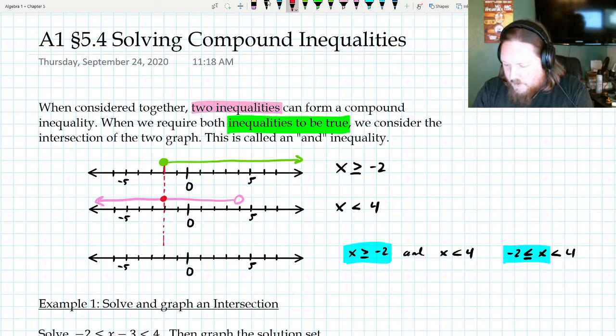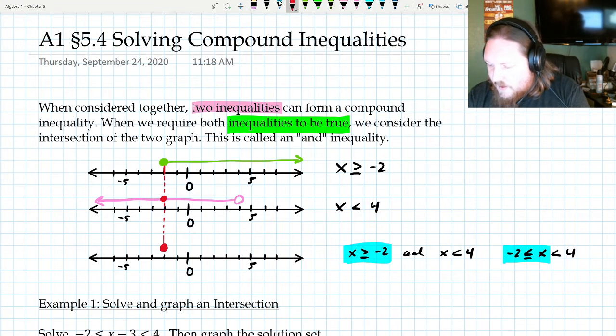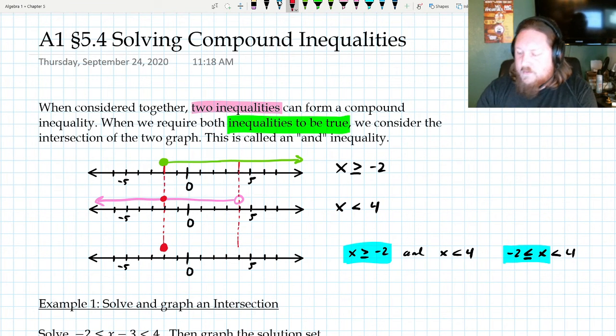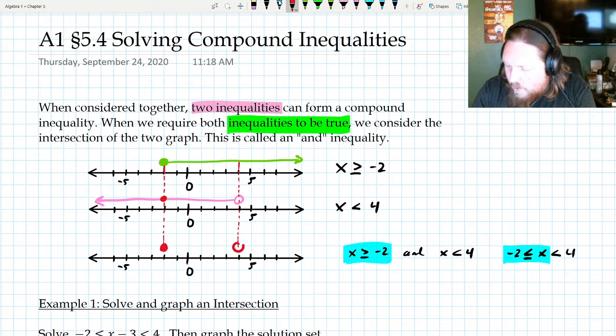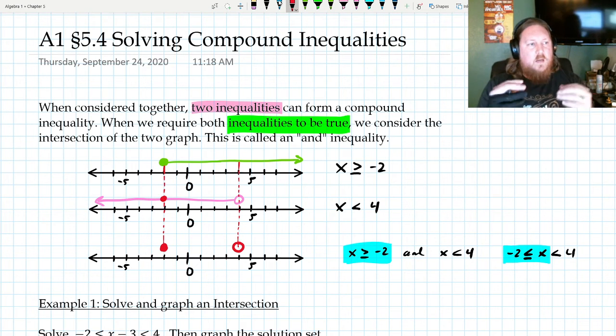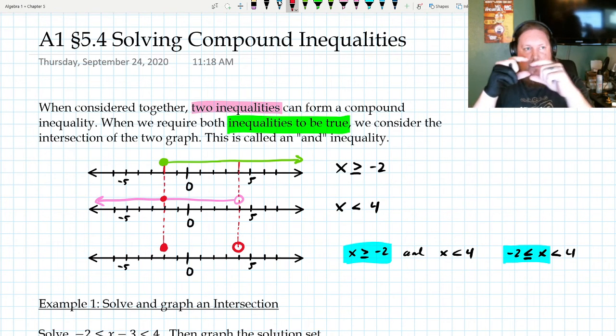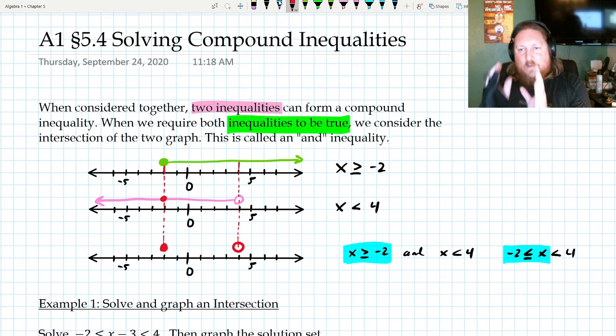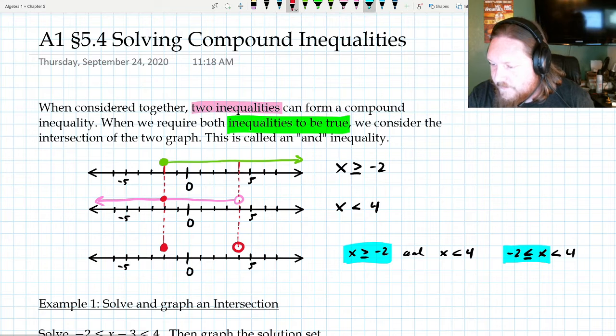And so I'm going to put a solid dot at -2. And then I do the same thing for the other point. It cuts off the green line at +4 with an open dot. And if you look right in the middle, that's where the two graphs overlap. We call this the intersection.